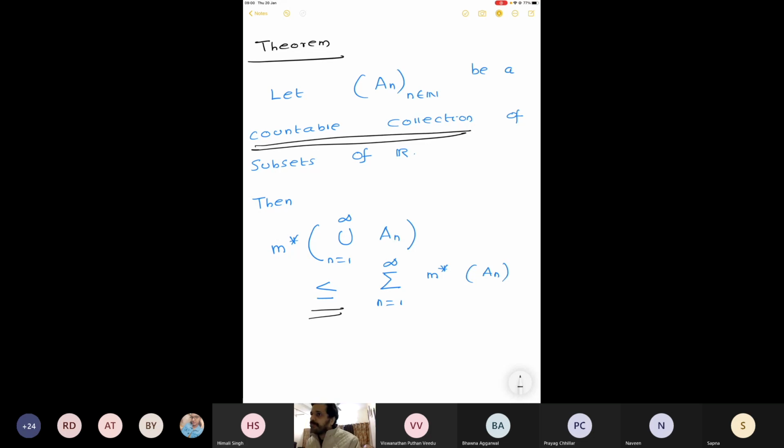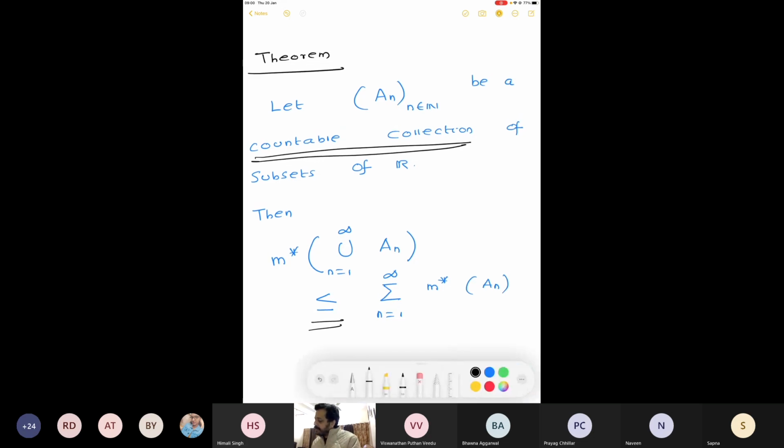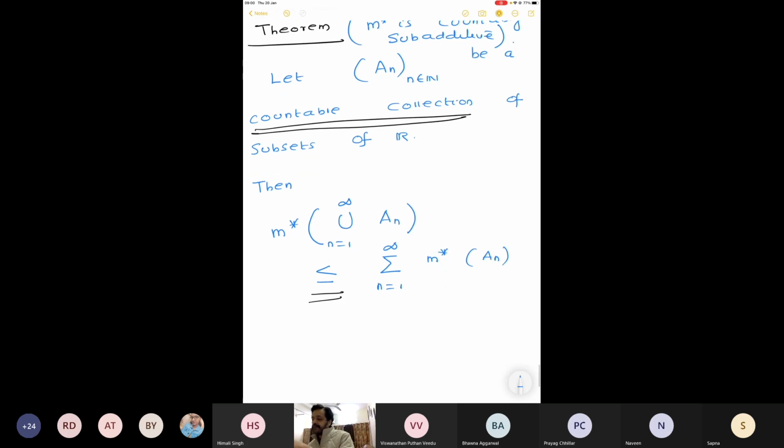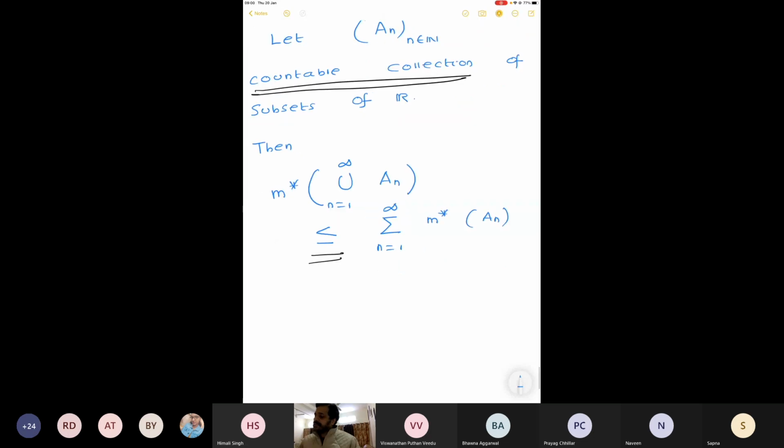We are having any countable collection and the outcome is m star of union is less than or equal to summation of m star. This is usually referred to as countable subadditivity. m star is countably subadditive. For any countable collection of subsets, the outer measure of the union is less than or equal to the sum of the outer measures of the individual sets.